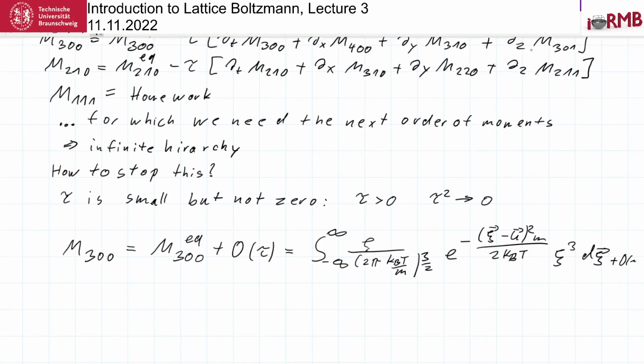Then there would be this order tau thing left, and what we receive is rho ux (3k Boltzmann T divided by m plus ux square), and of course this guy that later we can ignore.